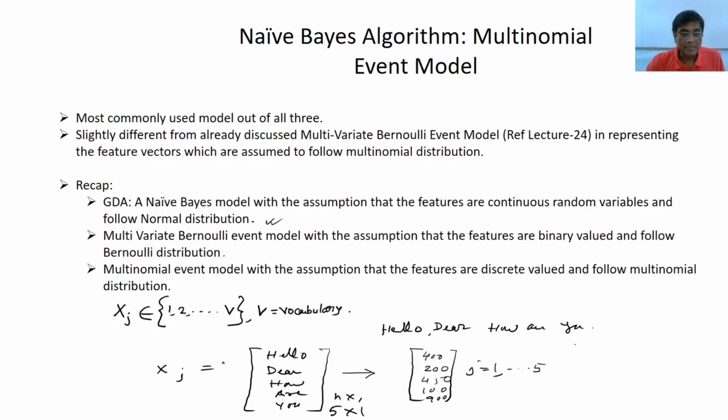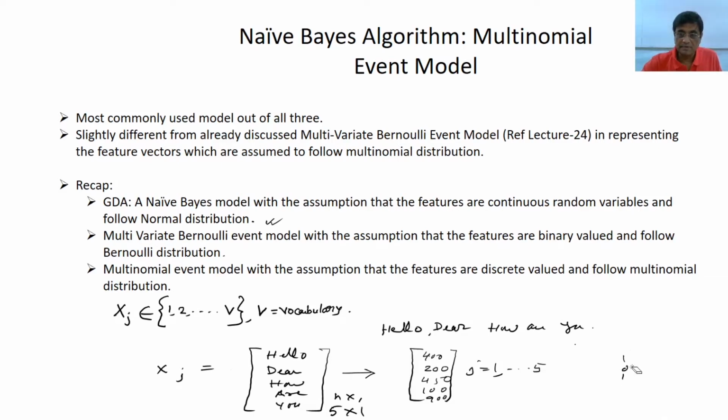Another problem in the earlier representation, when 1010 is there, is that each position is dedicated to a particular indexed word. So if a word is repeating a number of times in the mail, it could not be captured in that representation.